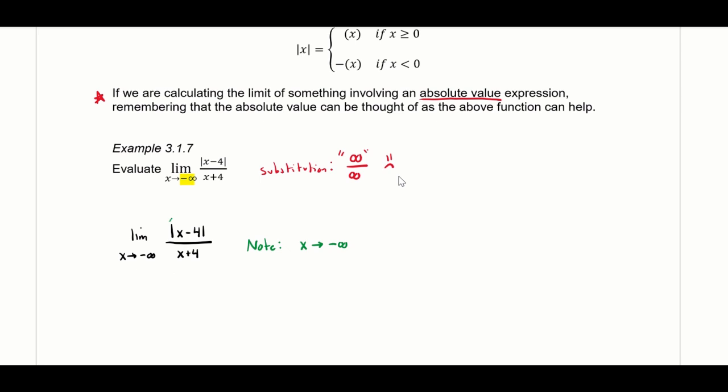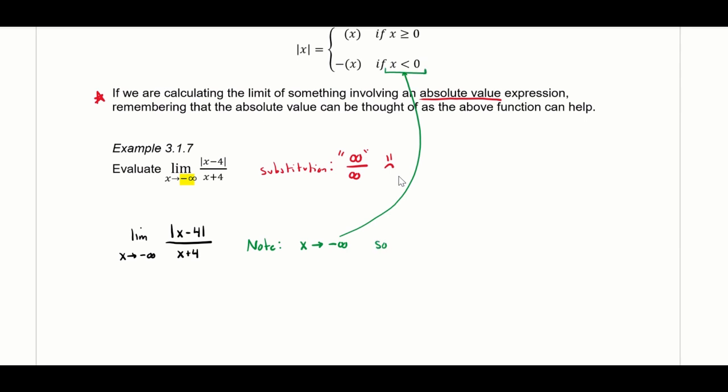Which means for this absolute value piece here, I'm going to have negative something minus something. This thing is going to be negative. My input's going to be negative. And so what that means is I'm actually going to rewrite this as the corresponding output of this expression. So I'm going to draw some lines here. This piece here is telling me that my input is going to be negative because I'm going to negative infinity.